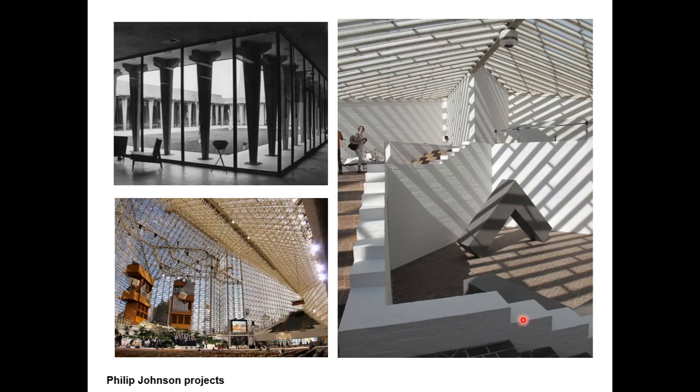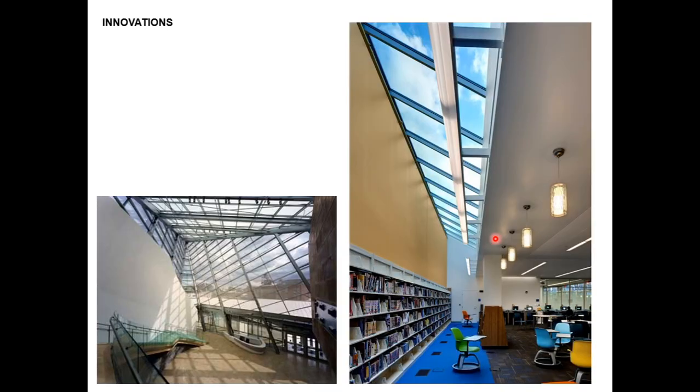He has done a lot of glass structures, and these glass structures are very important in giving us very good lighting essence in a building. We see some of the innovations here, because of the lighting, and you as an architect or a designer must decide what type of lighting should be provided in a building.